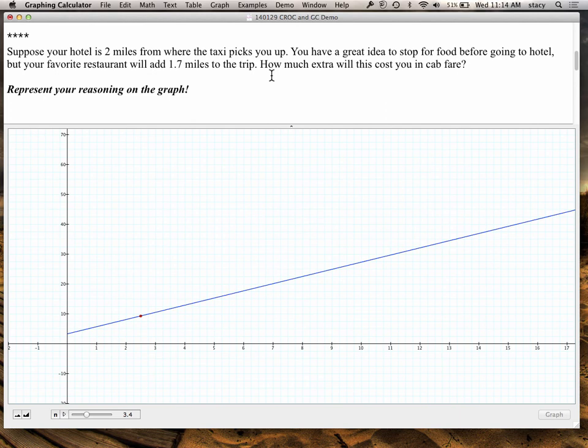Okay. So notice I'm talking about changing the amount of distance that I'm going to cover, right, by 1.7 miles. And I want to specifically identify the corresponding change in cab fare. How much more is it going to cost me than if I had just traveled 2 miles in the first place?